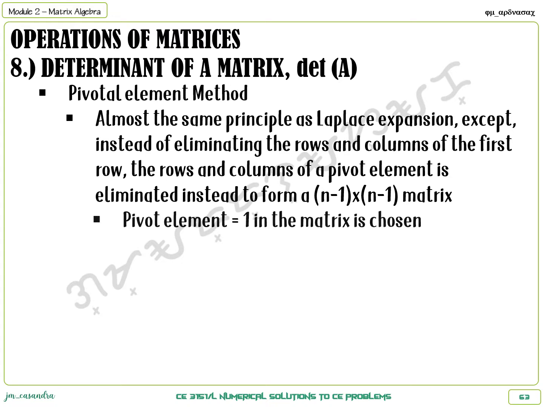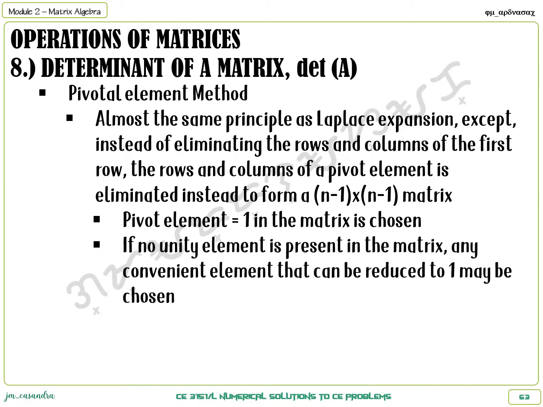And this pivot element should be equal to 1 in the matrix as chosen. If no unity element, or no element equal to 1, is present in our matrix, then we can choose any convenient element that can be reduced or simplified to 1.